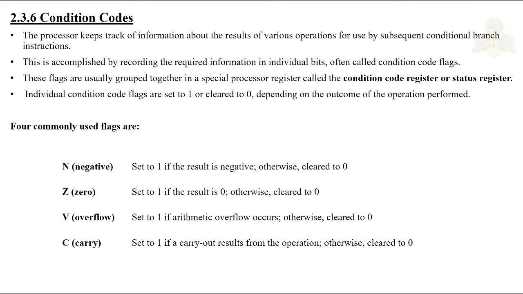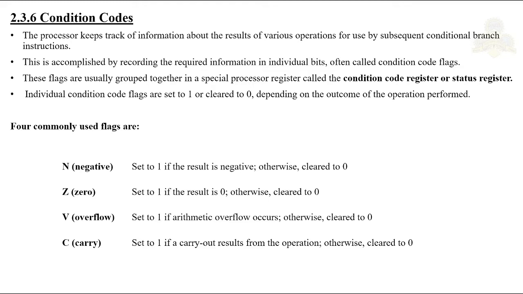Whenever the processor does some task, it keeps track of information about the results of various operations for use by subsequent conditional branch instructions. How is this accomplished? This is done by recording the information in individual bits, often called condition code flags.